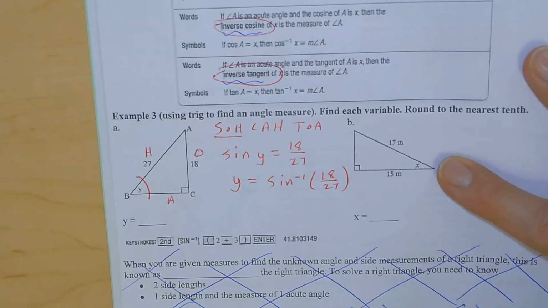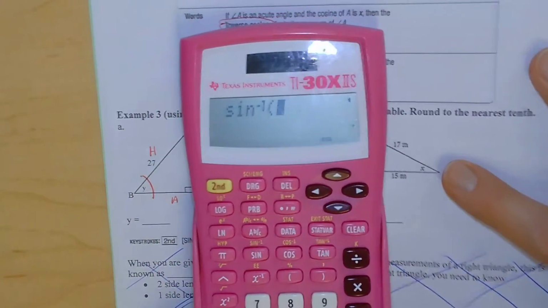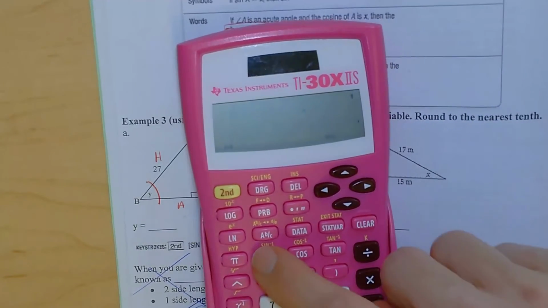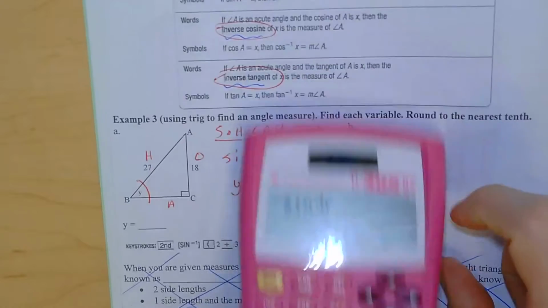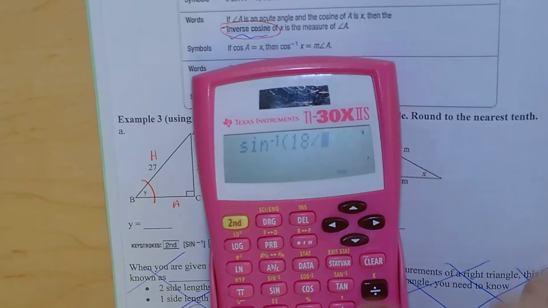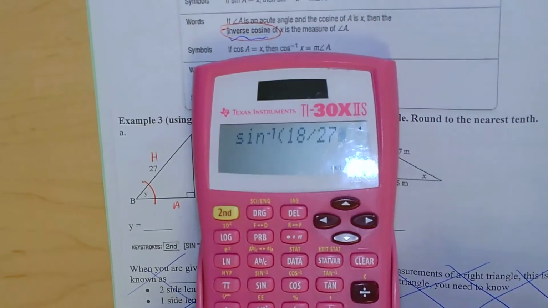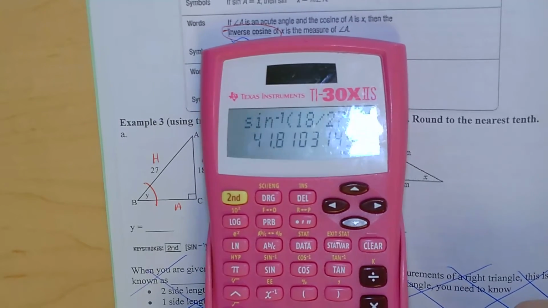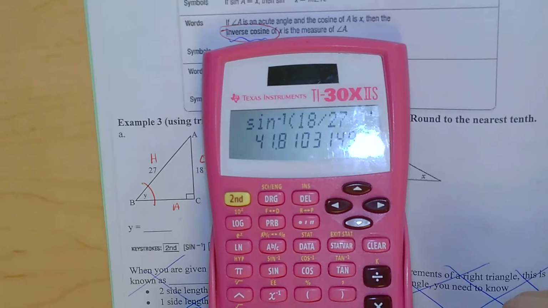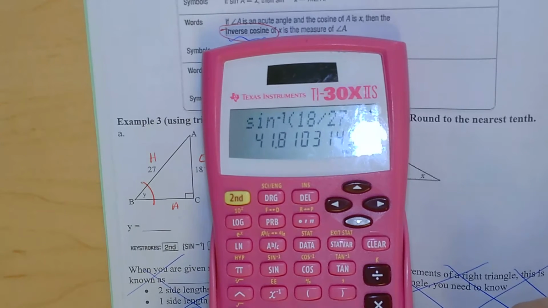So watch how easy it is to do this. You take your calculator, you hit second or shift, depending on your calculator, sine, and then you can just type it in as a fraction, 18 over 27, or just do 18 divided by 27, and hit enter. It's going to spit out the angle degree as a decimal, because it's going backwards for you. It's actually like searching.